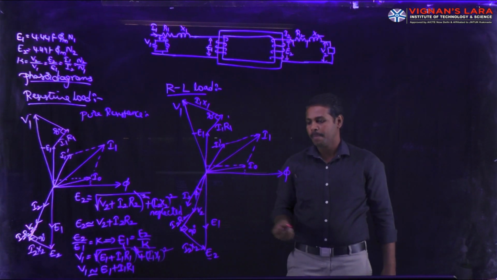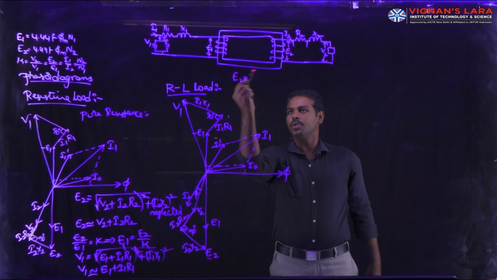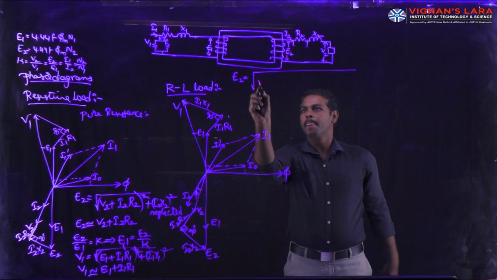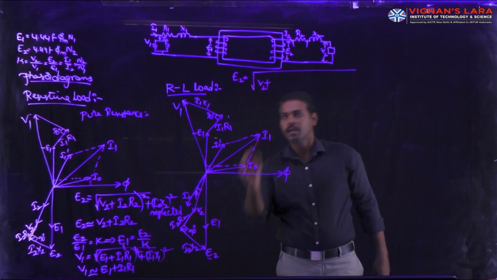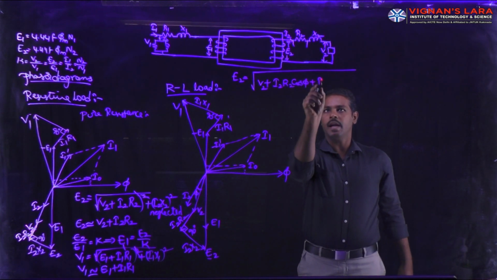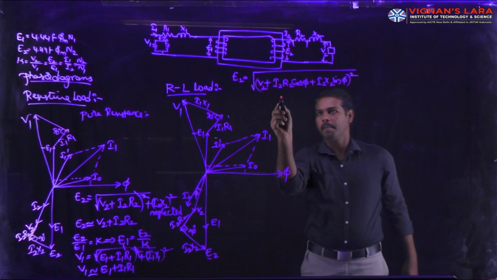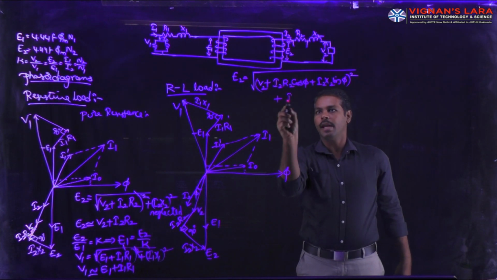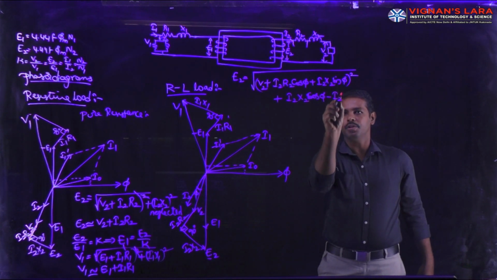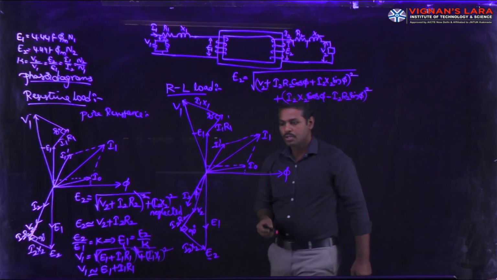E2 and V1. So E2 is equal to the square root of (V2 plus I2 R2 cos phi plus I2 X2 sin phi) whole squared, plus (I2 X2 cos phi minus I2 R2 sin phi) whole squared. How do we get this expression?